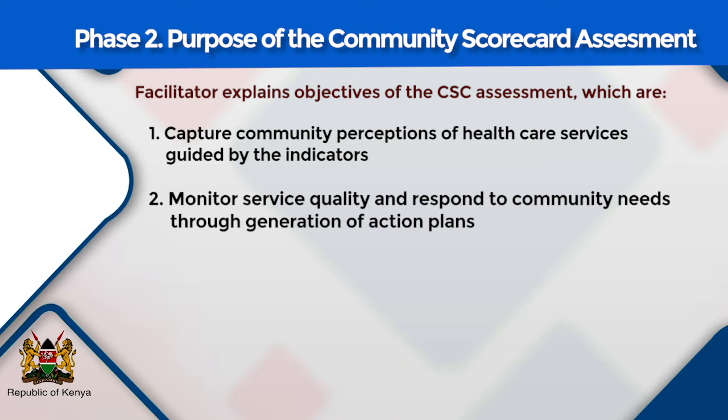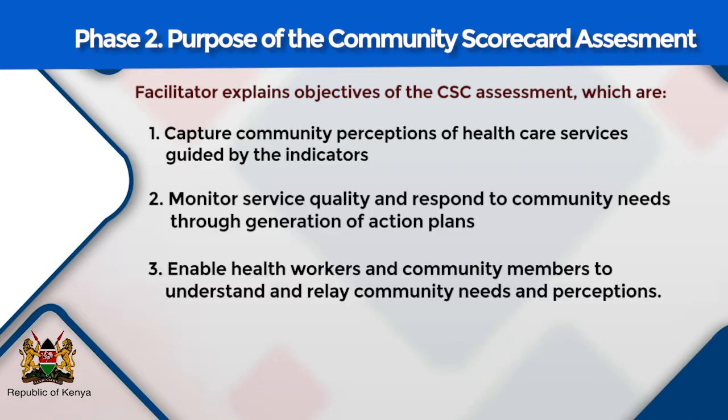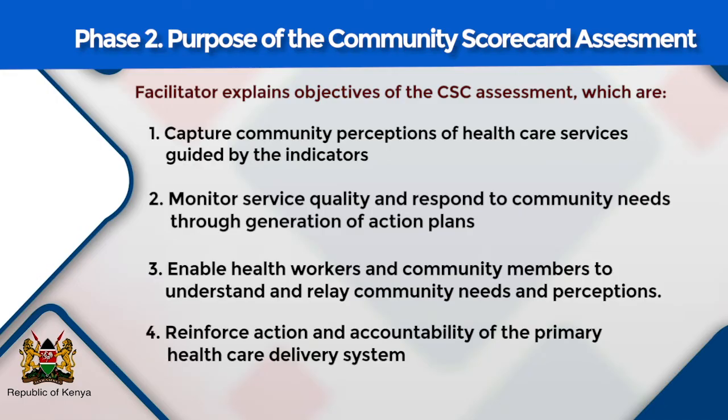Monitor service quality and respond to community needs through generation of action plans. 3. Enable community workers and community members to understand and relay community needs and perceptions. 4. Reinforce action and accountability of the primary healthcare delivery system.